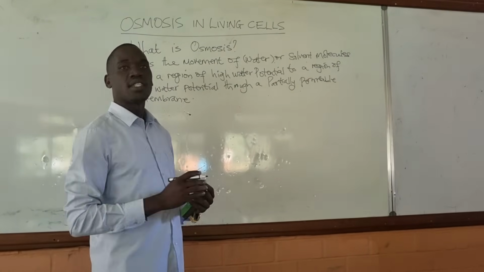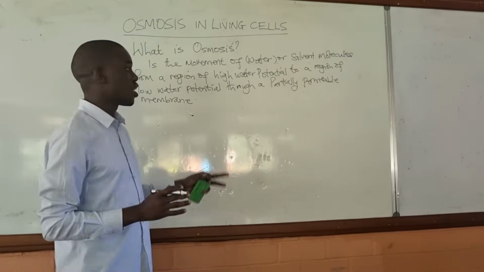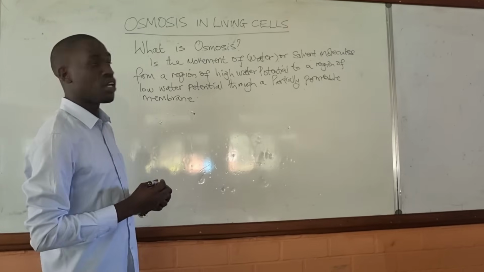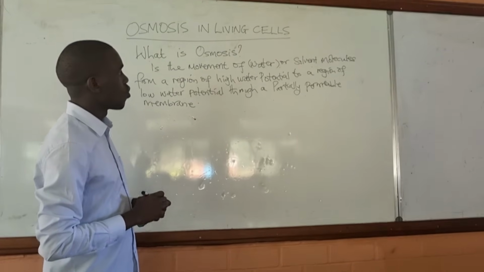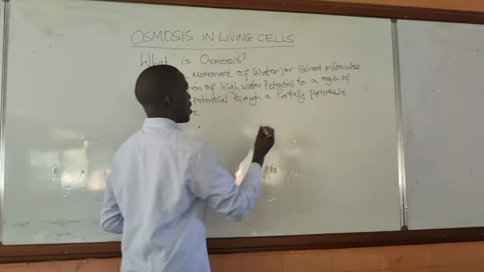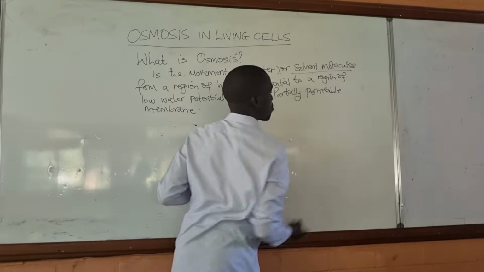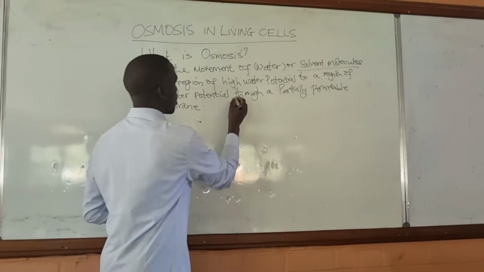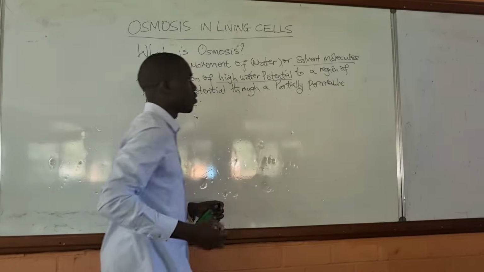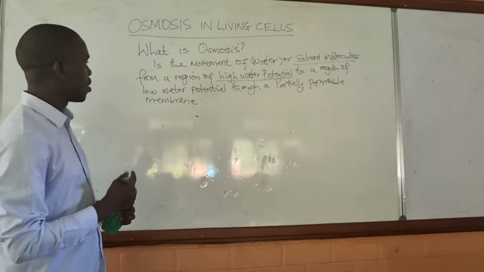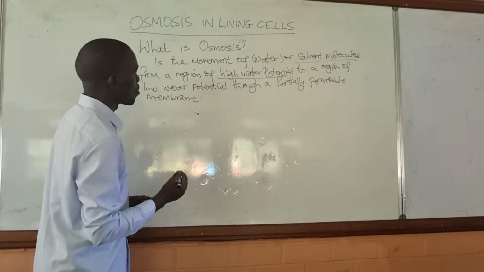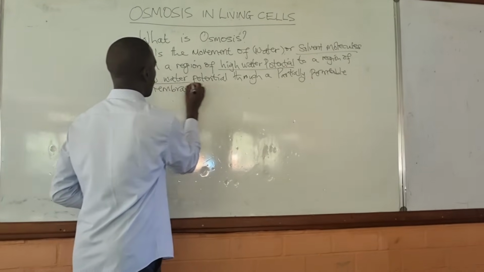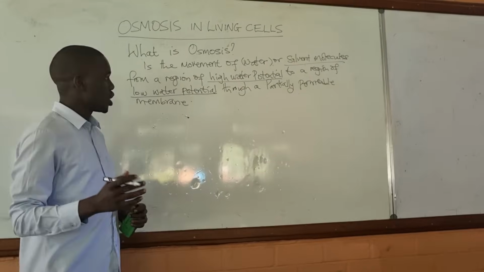So we shall look at the meaning of each of the keywords in the definition of osmosis. One, we shall understand the meaning of solvent molecules. The next one, the meaning of high water potential. Then the meaning of low water potential.